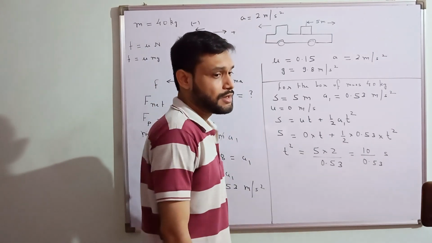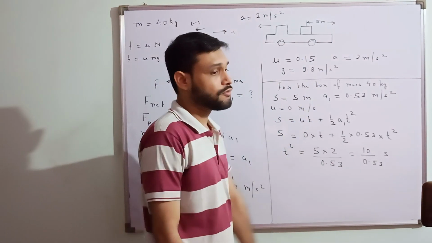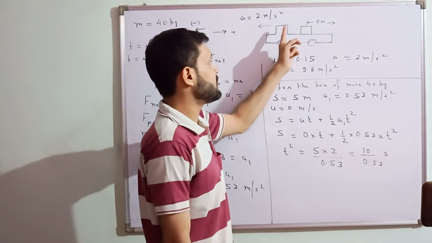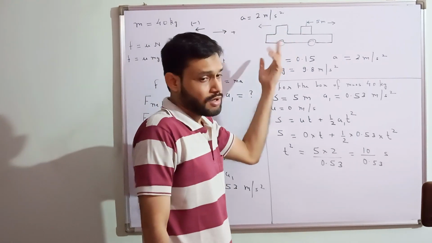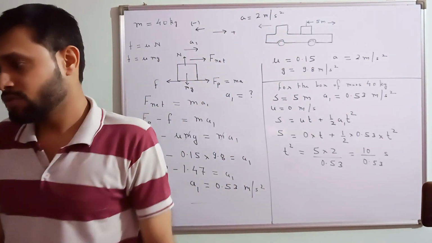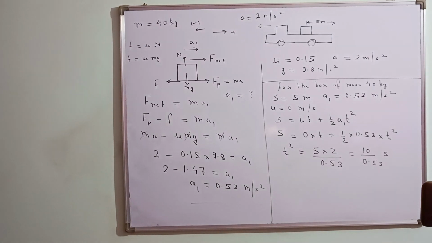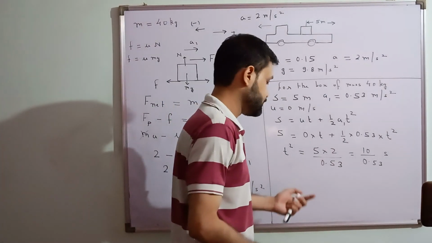So can we find the distance the truck moves with this acceleration with initial velocity 0? Because the truck is also starting from rest, the initial velocity of the truck will be 0. Find the value of the distance the truck is going to move.